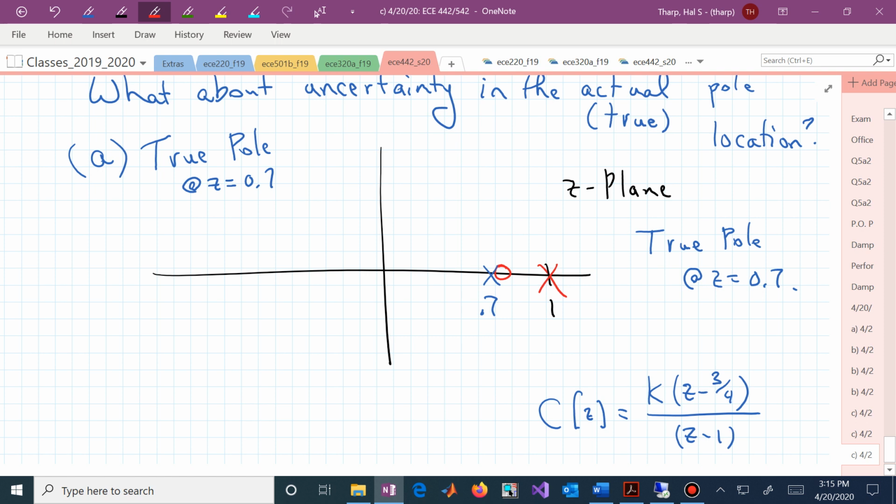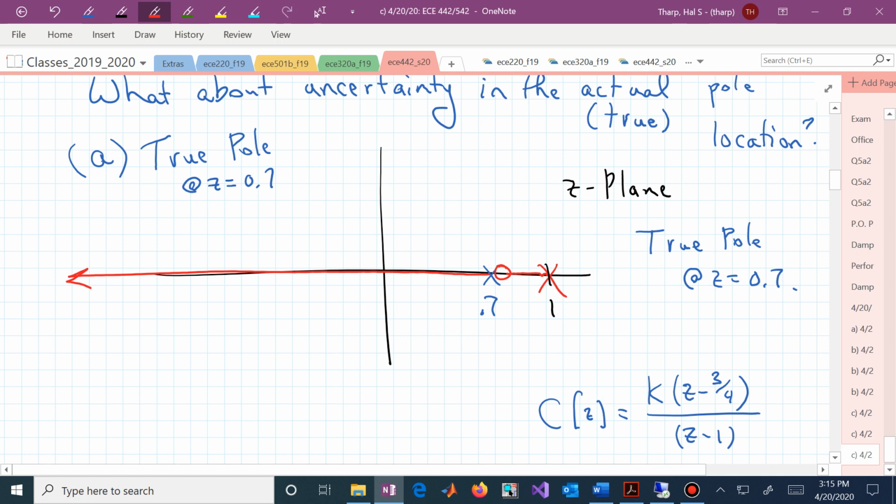Now we can just cut up our French bread, our real axis, into the different segments and ask which segment belongs to the root locus. We know this segment does, and we know this segment does.